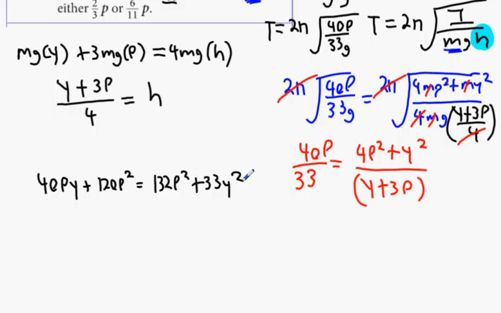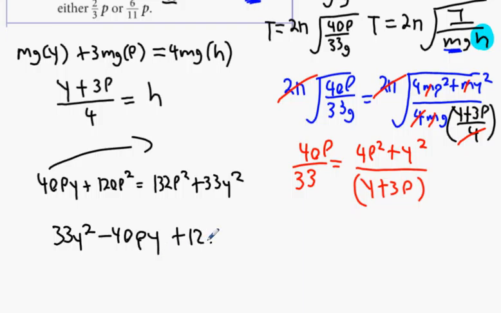Okay, the 33 y squared, bring over the 40py, minus 40py, and then what part's after that? 120p squared plus 132 minus 120.